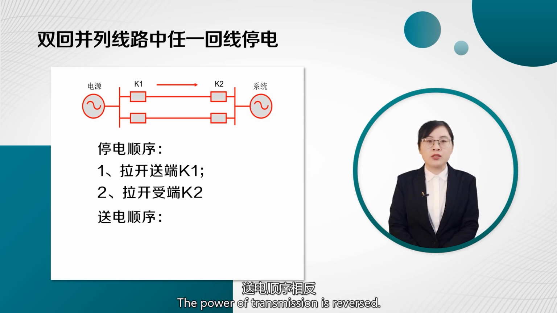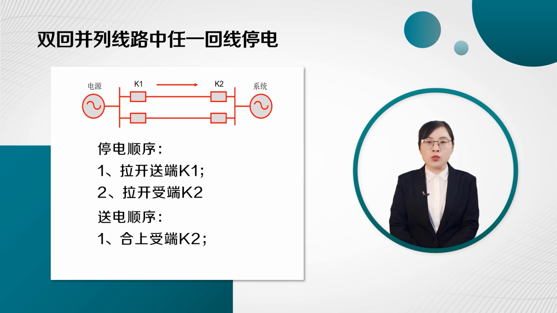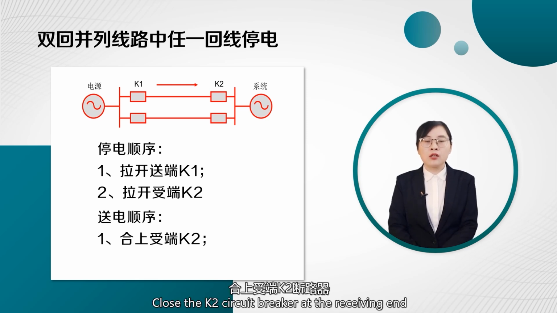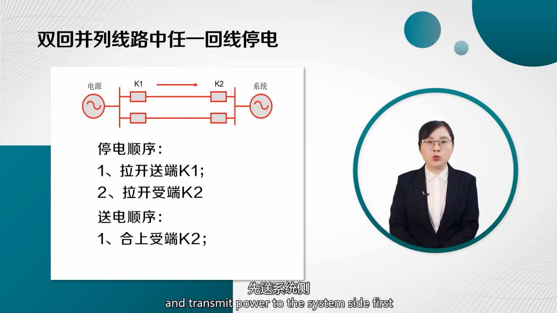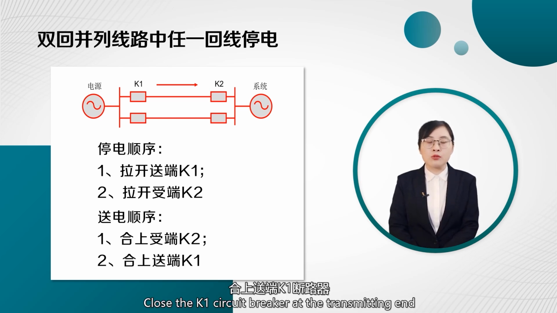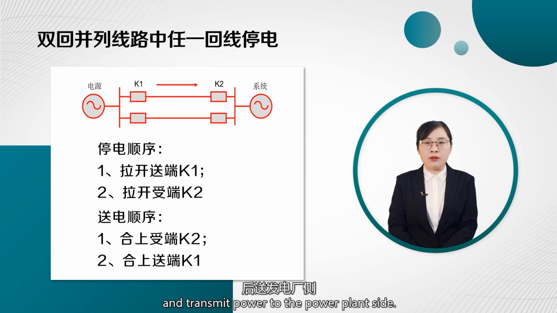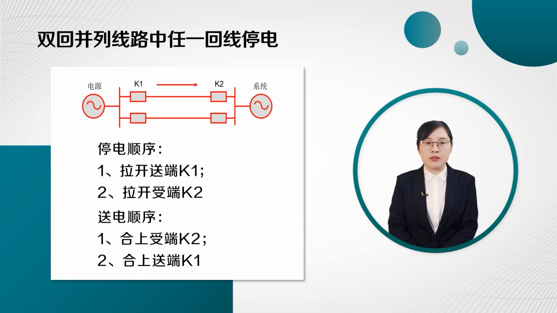The order of power transmission is reversed. Step 1. Close the K2 circuit breaker at the receiving end and transmit power to the system side first. Step 2. Close the K1 circuit breaker at the transmitting end and transmit power to the power plant side.